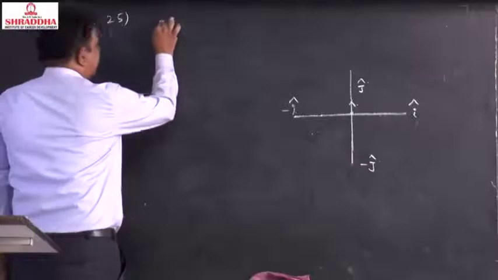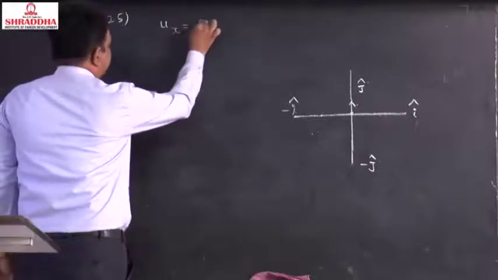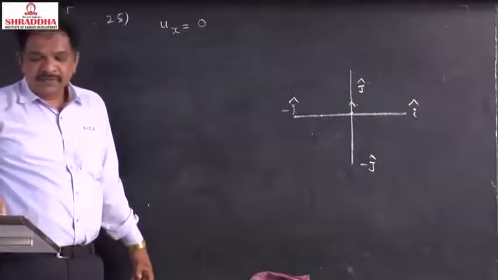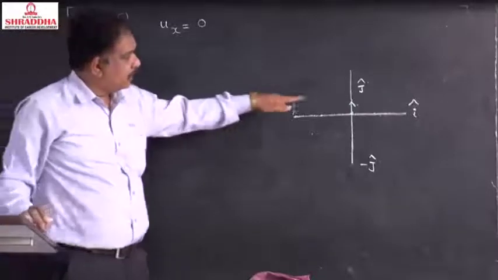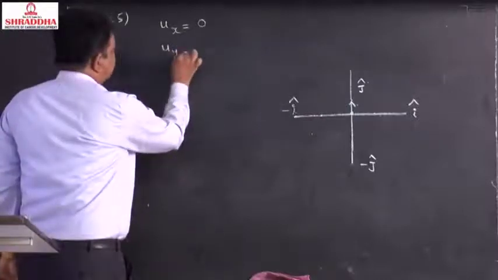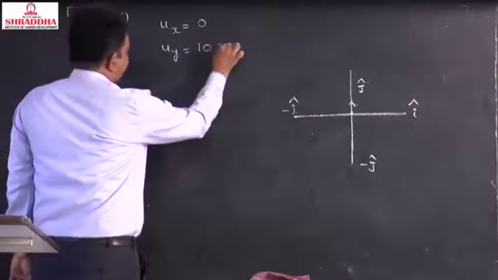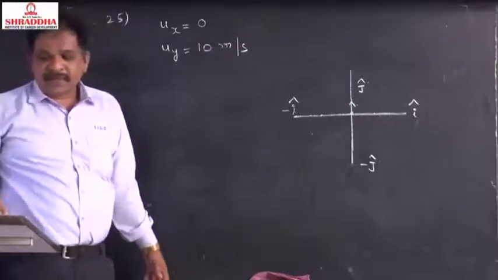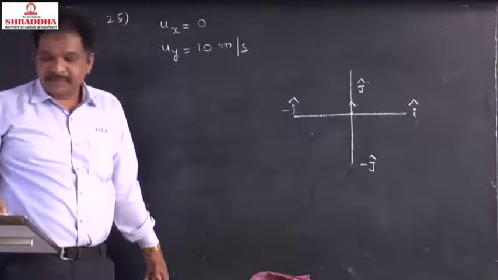So along x-axis its velocity will be 0. Clear understanding? Then what is its velocity along y-axis? Uy is equal to 10 meter per second. That is the velocity along y-axis.